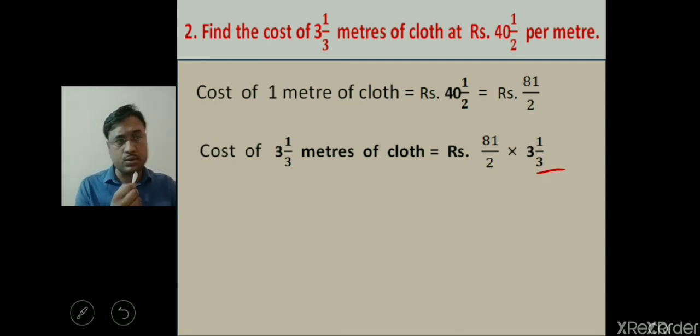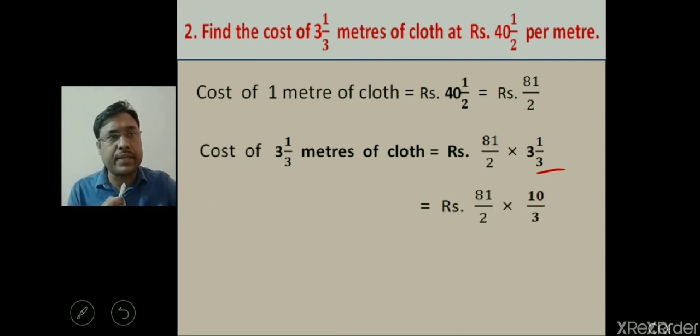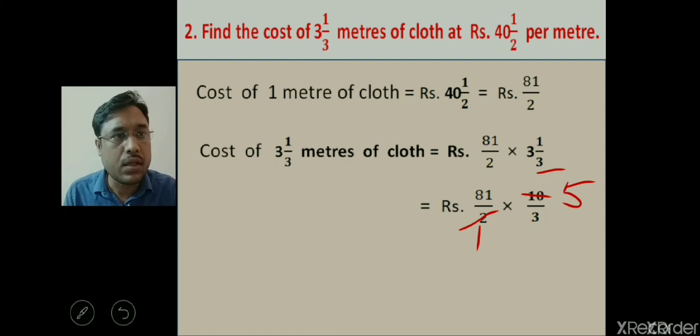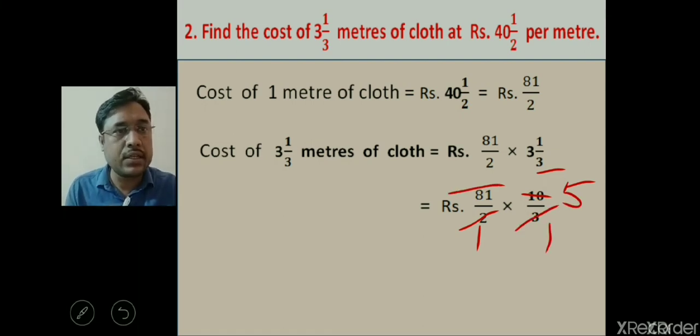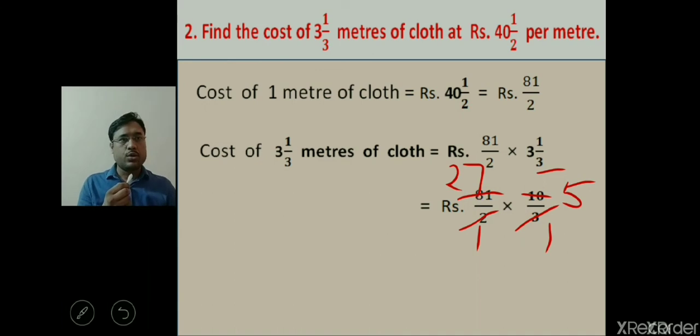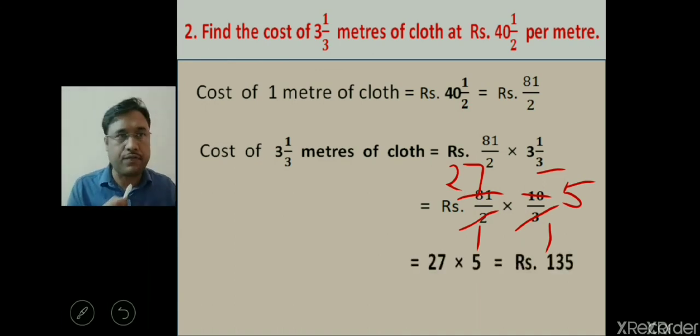So this is 3 into 3 plus 1, 10 by 3. So the result is 81 by 2 into 10 by 3 here. This we will cut here: 2 into 1 time, and 10 is 2 into 5 times. And again 3 into 1 time, and 81 is 3 into 27 times. So it is giving 27 into 5, which means rupees 135 here.